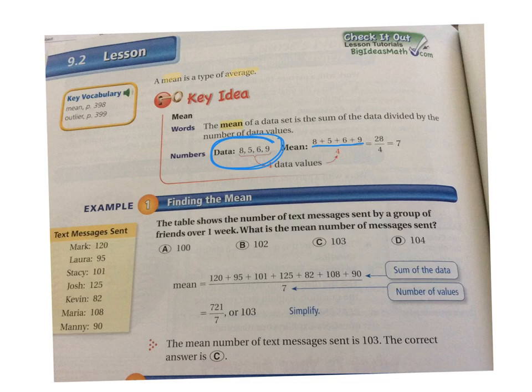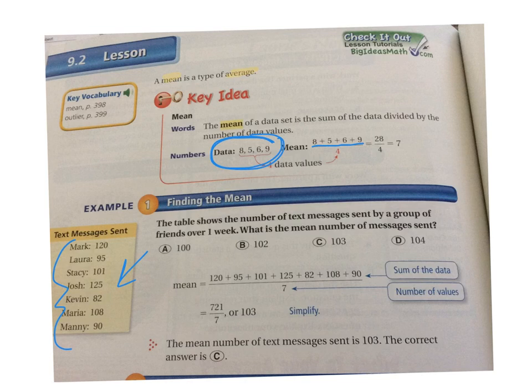Looking at example 1, it says finding the mean. The table in yellow shows the number of text messages sent by a group of friends over 1 week. What is the mean number of messages sent? So to find the mean, we're first going to find the sum of all these messages. So we add 120 plus 95 plus 101 plus 125 plus 82 plus 108 plus 90.